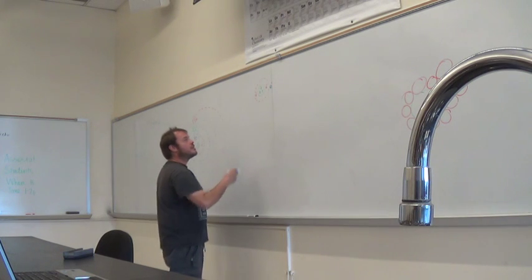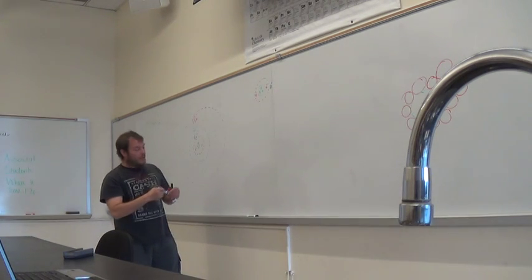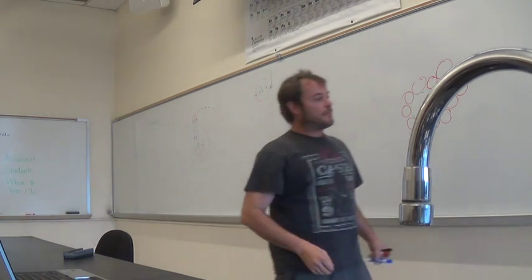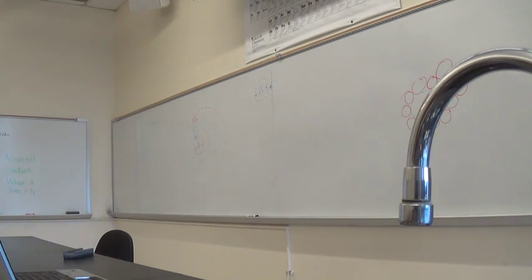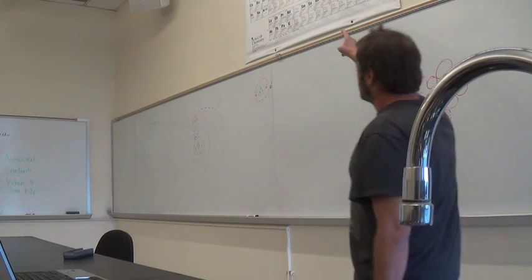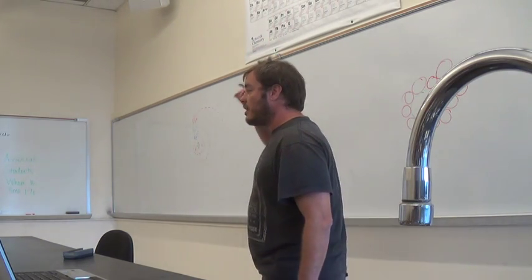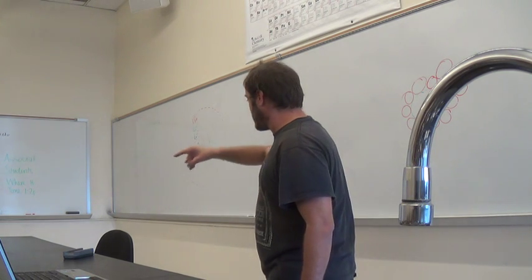All right. So when we're moving from lithium to beryllium, we've got to add 1 more positive charge to the nucleus. I'll say this once and twice and 3 times.